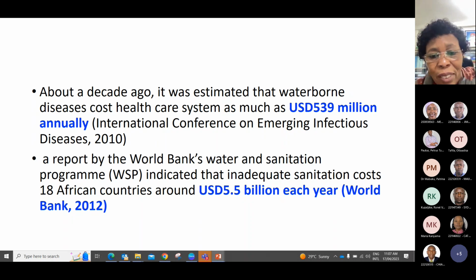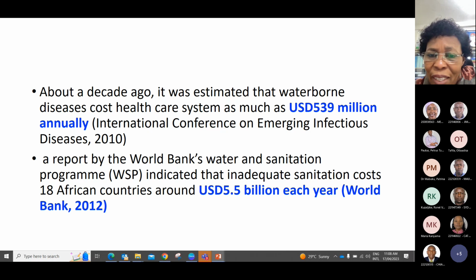Another report, again almost a decade ago, by the World Bank Program of Water and Sanitation, indicated that inadequate sanitation costs 18 African countries about 5.5 USD billion each year.